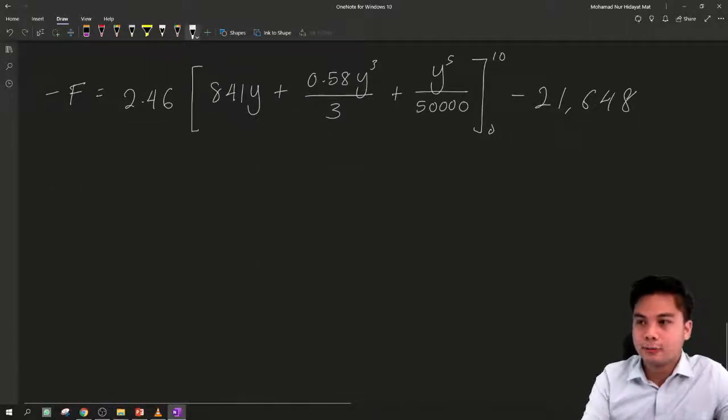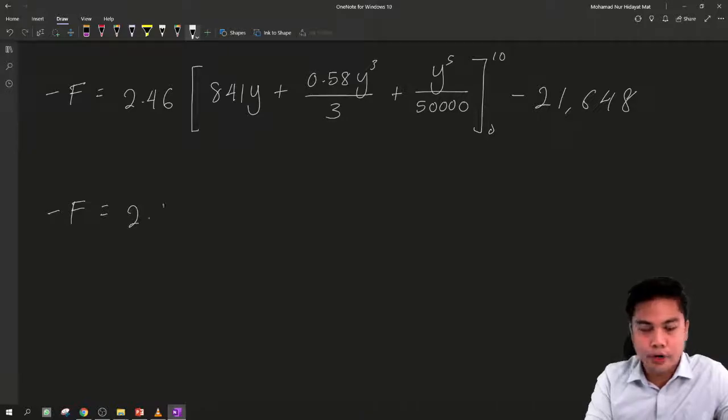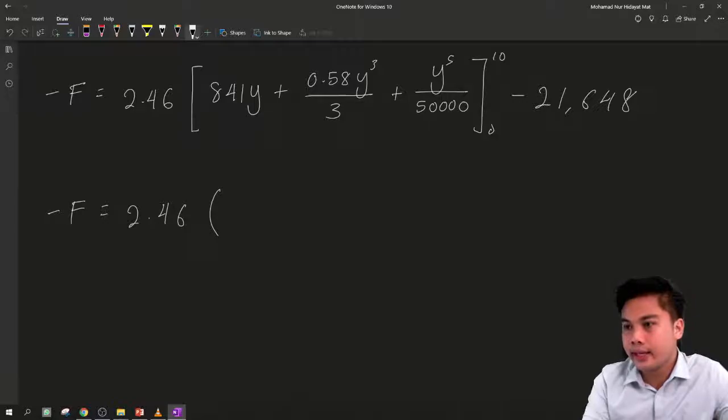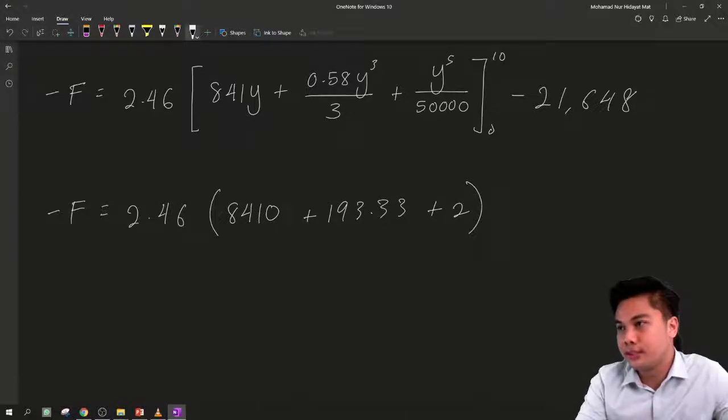So from here, negative F equal to 2.46. You solve this one, multiplying with 10, 8410, plus 193.33 plus 2. This one you substitute with 10, minus 2164.